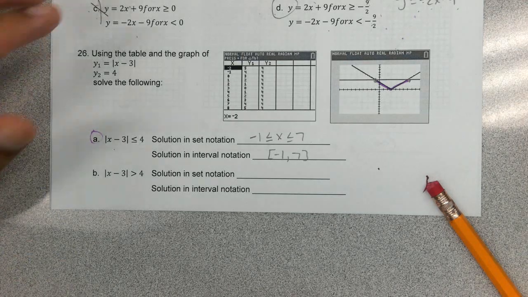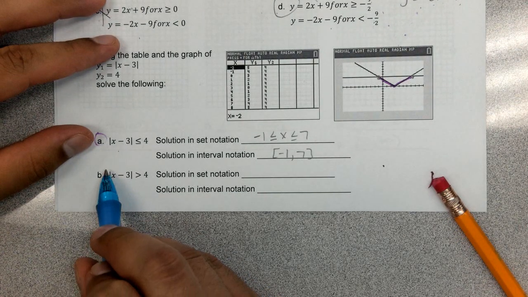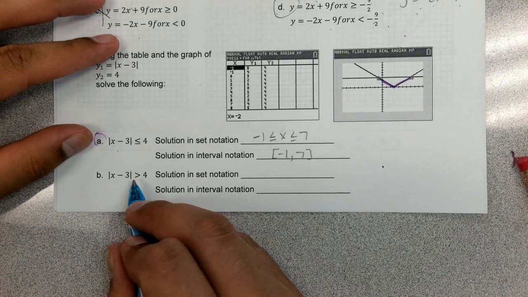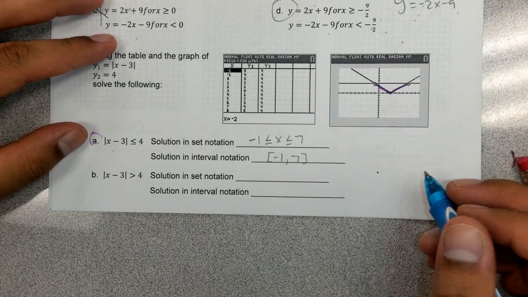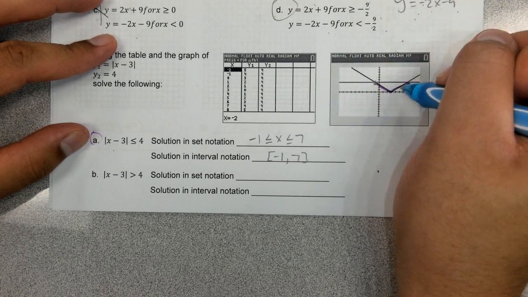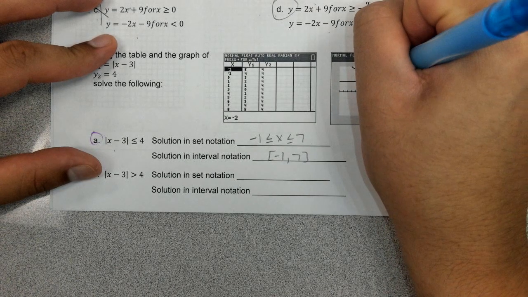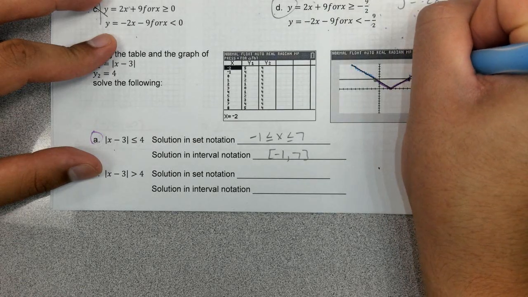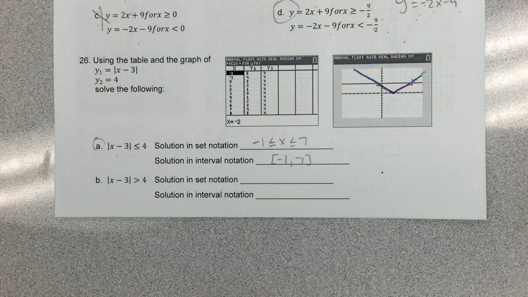Alright, so then for B, absolute value of x minus 3 is greater than 4. So when is this greater than 4? So the function right here is greater than 4 on these two branches. That's the only time the function is greater than 4.